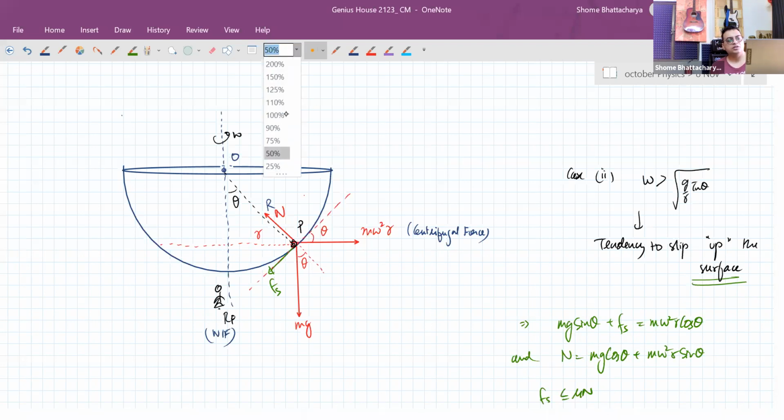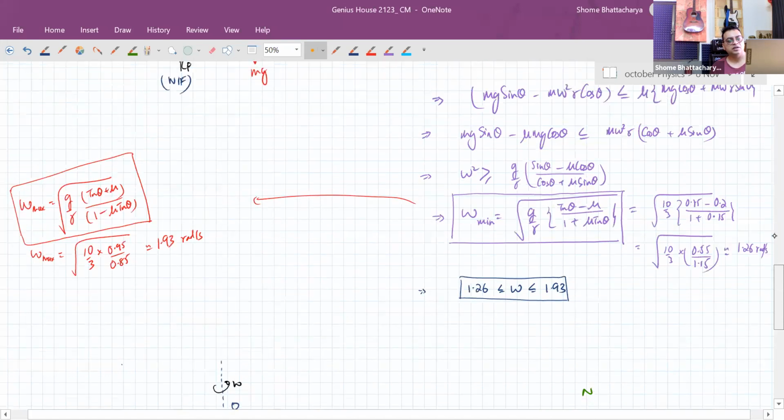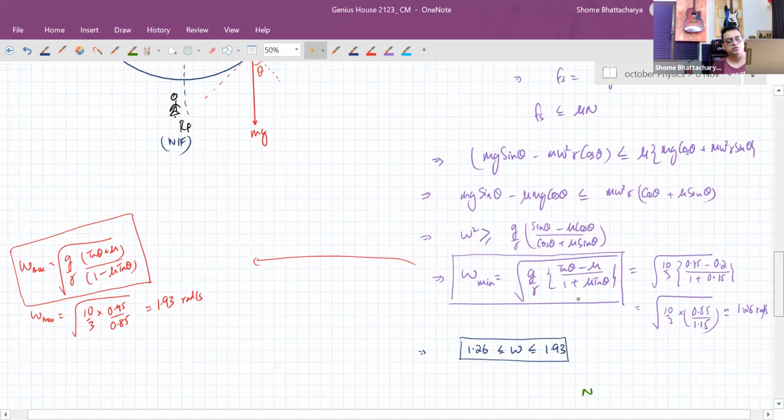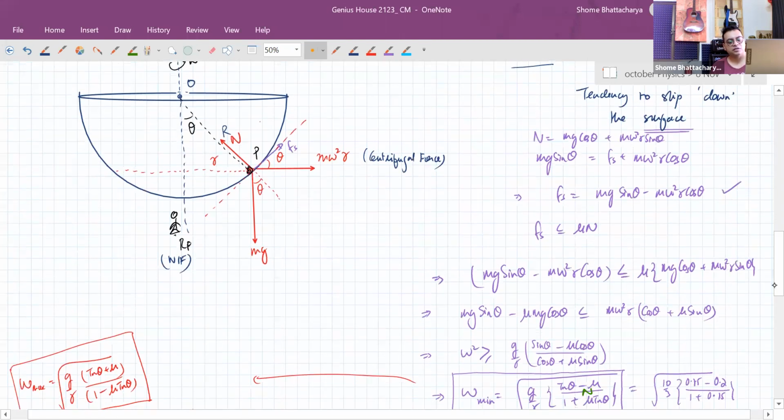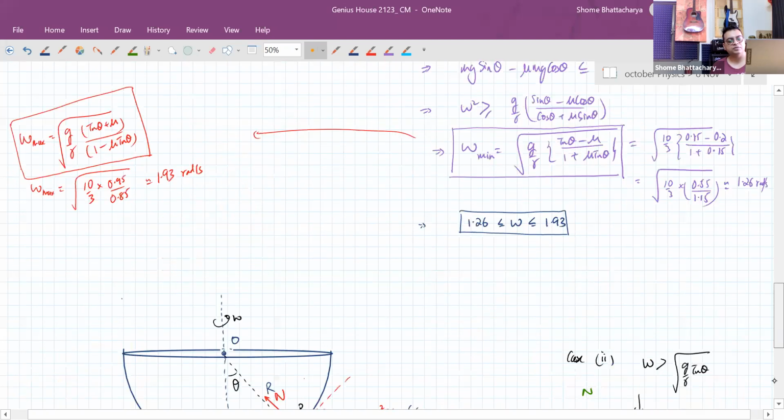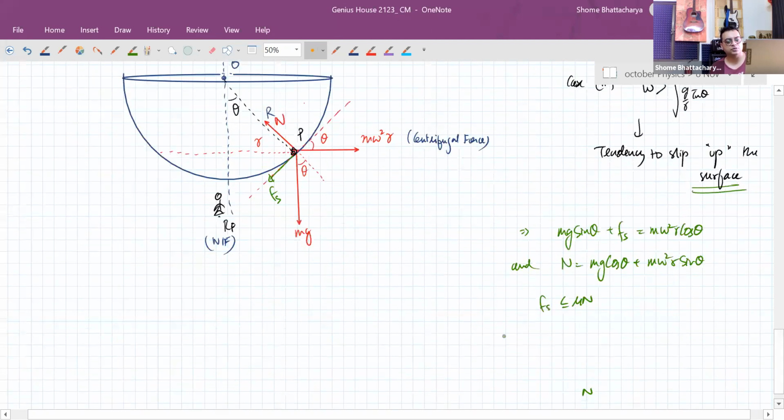When I now substitute these equations, it's the same set of equations as above, but the direction of friction is reversed. So everywhere we have friction, it should be replaced with minus friction, and wherever we have mu, it will get replaced from the above equations with a minus mu. That is the trick over here.